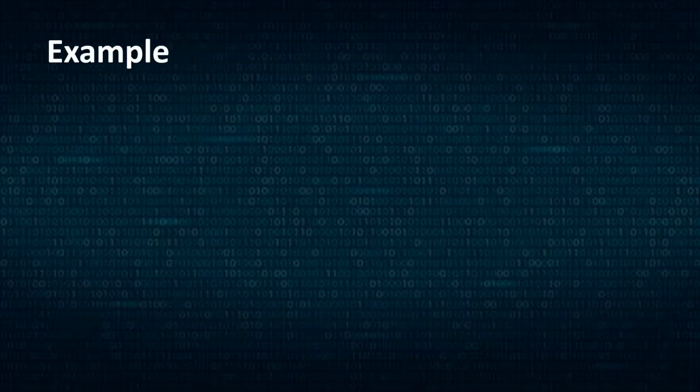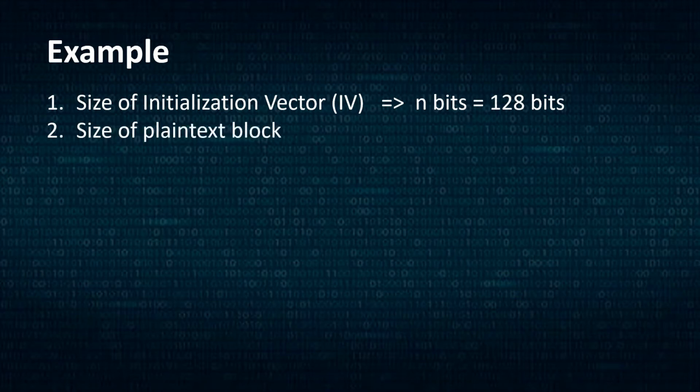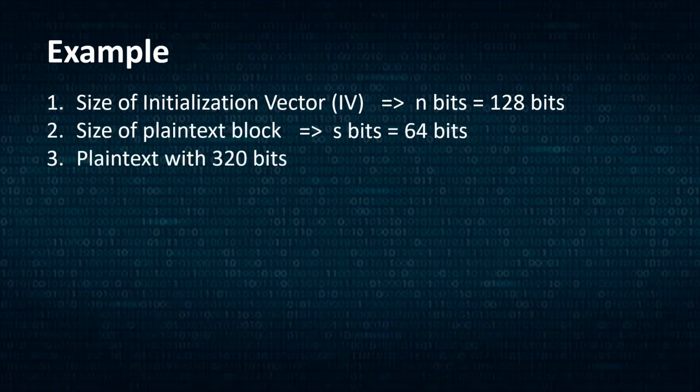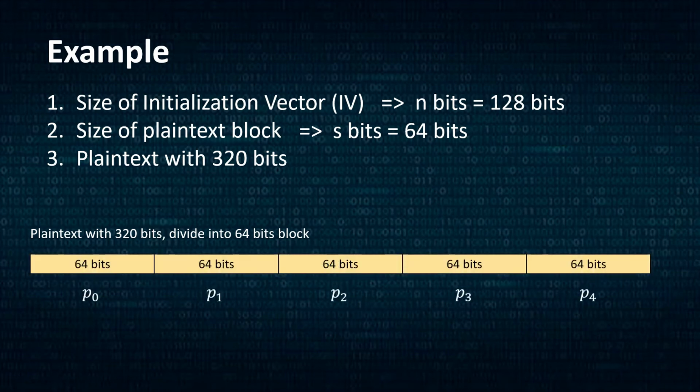Here is the example. I will define the size of the initialization vector as 128 bits, and the size of the plaintext block as 64 bits. In this example, I use a plaintext of 320 bits in length. First we need to divide our plaintext into blocks. We divide 320 bits by 64 bits, and we get 5 blocks of 64 bits. I labeled them P0 to P4.